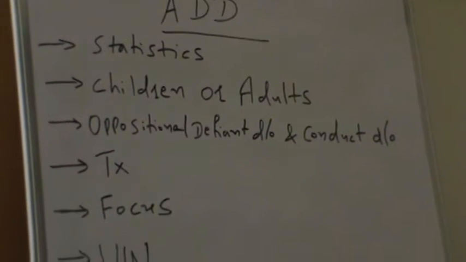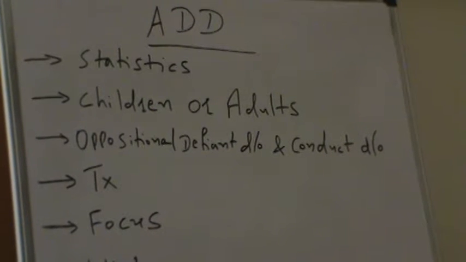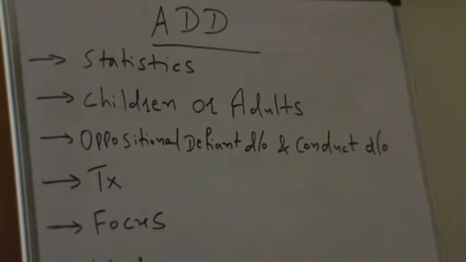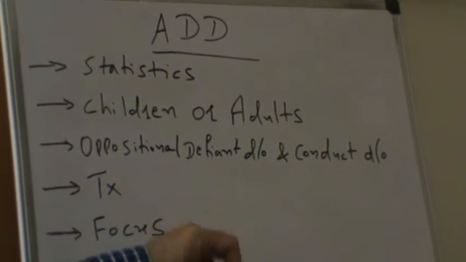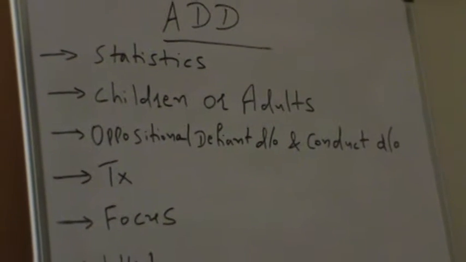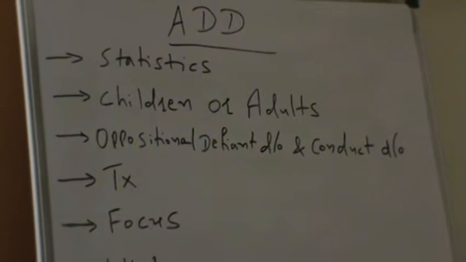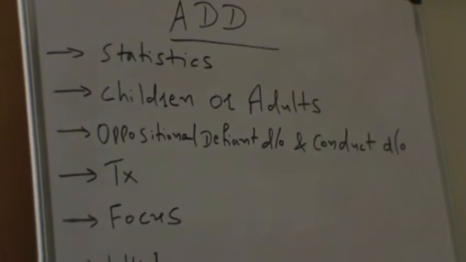Familiarize yourself and pay attention to as you read APS and look out for what is called oppositional defiant disorder. That is a recurrent pattern of hostile, disobedient, defiant, and negativistic behavior towards authority figures.